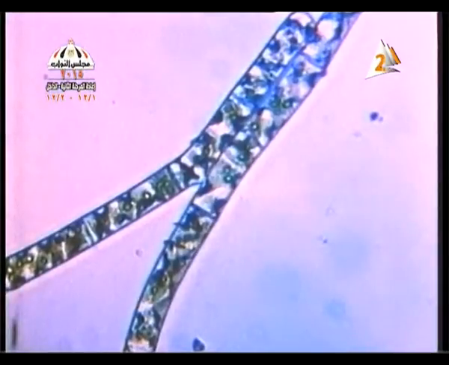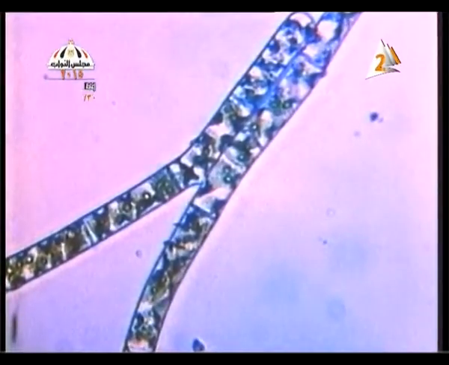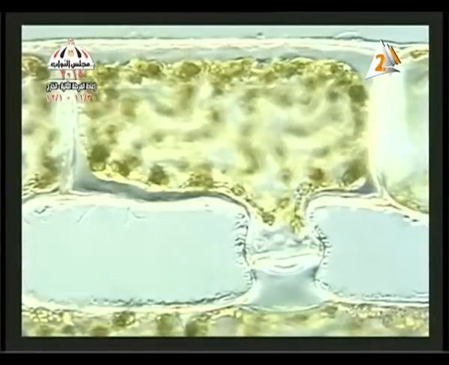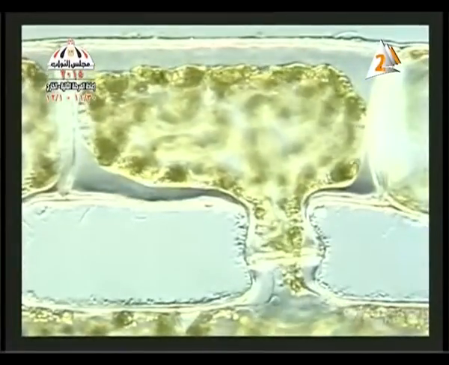Its drawing is also very important, so let's see and concentrate with me. When two filaments contact each other, a protrusion grows inwards between opposite pairs of cells. Then the walls in between disappear, forming a conjugation tube, as you see. So this part is called the conjugation tube.